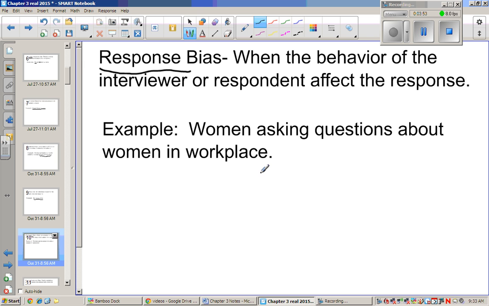There might be some tendency of the respondent to change their answer based on the interviewer. And it could be even more subtle, such as when somebody is asking the question, prodding them, saying, uh-huh, good, affirming their answers, and sometimes the respondent just wants to please the interviewer.